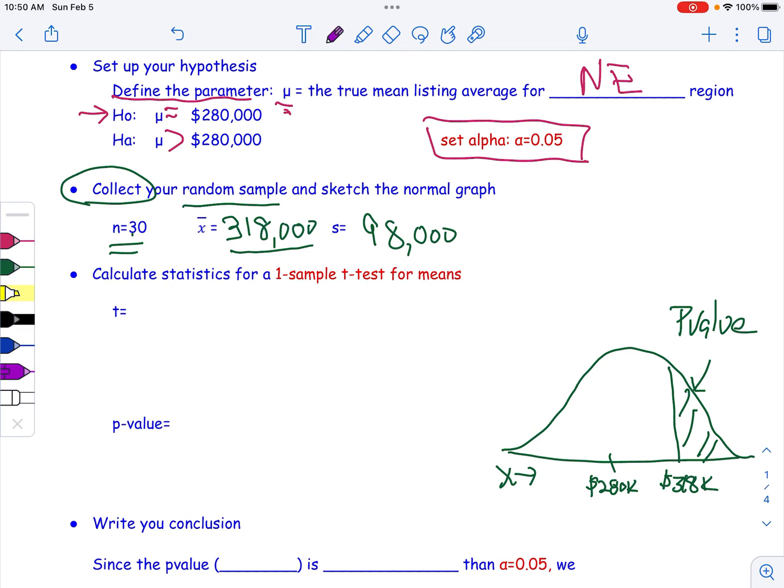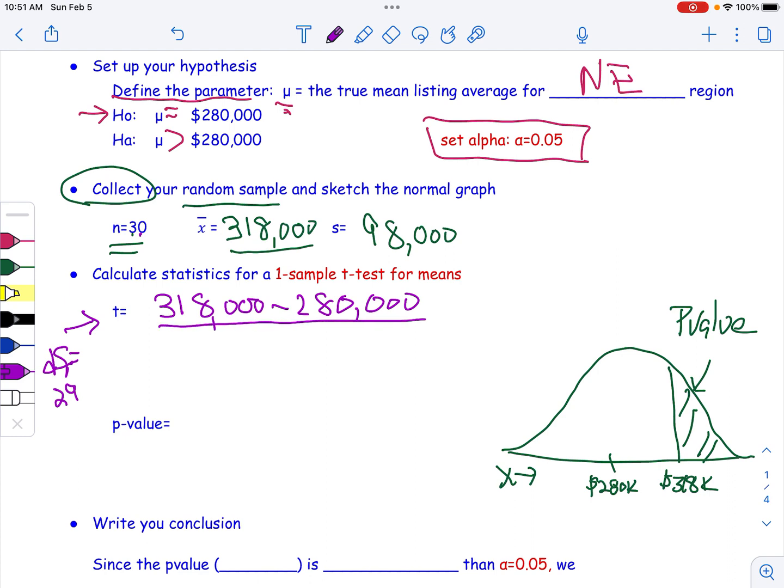So now the t statistic that we use will have degrees of freedom equal to our 30 minus 1, which is 29. We calculate our t statistic, which is 318 from our sample, minus the population parameter, which is 280,000 for the nation, divided by the standard deviation, 98,000 divided by the square root of n, which is 30.